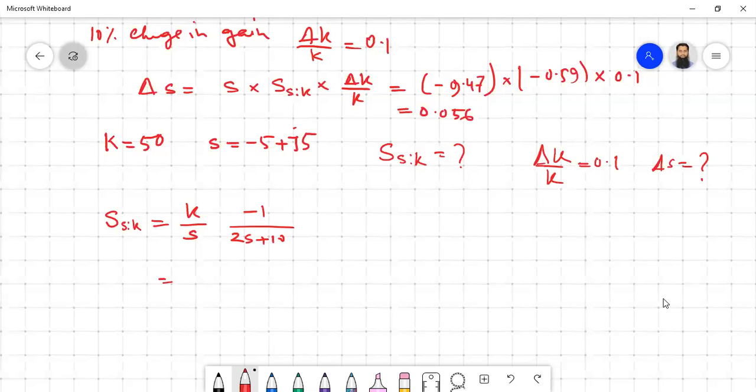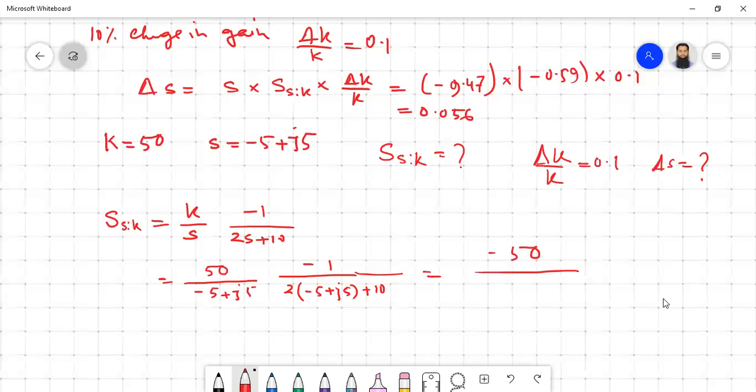Now if we put the values here: 50, then minus 5 plus j5, then minus 1 over 2 into minus 5 plus j5 plus 10. So minus 50 over minus 5 plus j5.